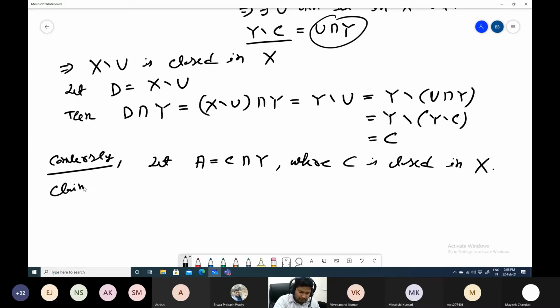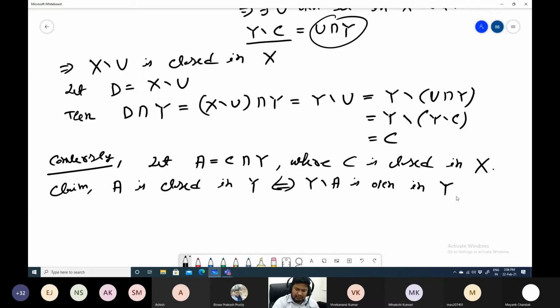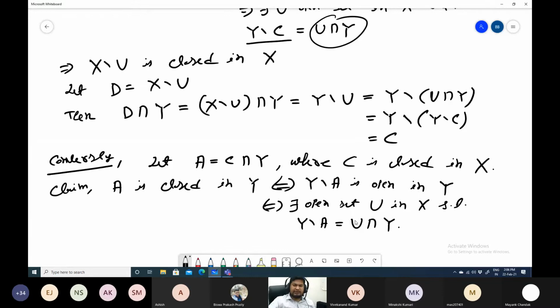So claim: A is closed in Y, which is equivalent to saying that Y minus A is open in Y, which is again equivalent to saying that there exists an open set U in X such that Y minus A equals U intersection Y. Okay, so we need to find such a U.